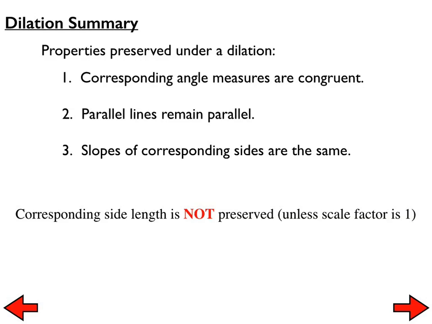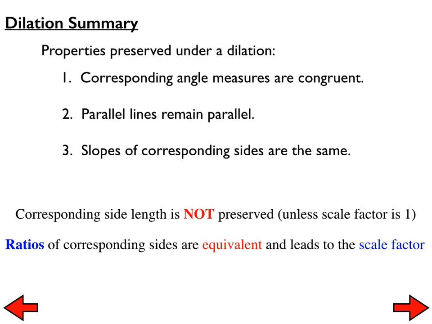Corresponding side length, however, is not preserved unless the scale factor is 1. The ratios of the corresponding sides are equivalent, and that leads to the scale factor. And then the last part, dilations create similar figures. And that is it for today.